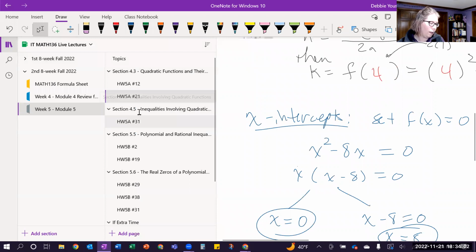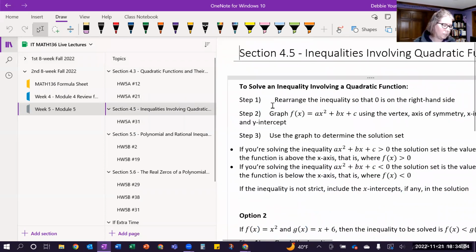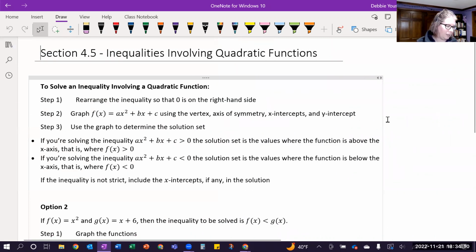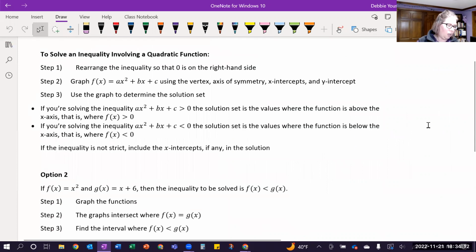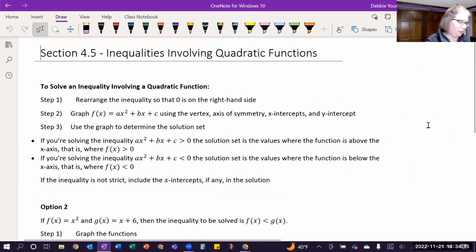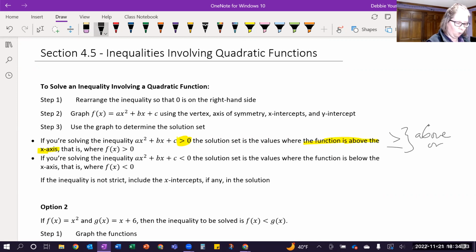I'm not going to talk a whole lot about section 4.5. It's kind of similar to 5.5, but I am going to comment that when you are solving these, you're basically looking to see if you have something that is a greater than or possibly greater than or equal to. You're looking for where your function is above the x-axis. And if it was with equal to, that's above or on the x-axis, because the equality part allows you to be on the x-axis.